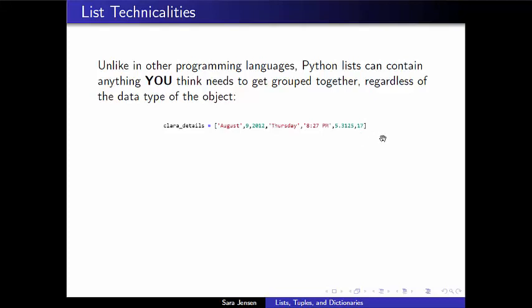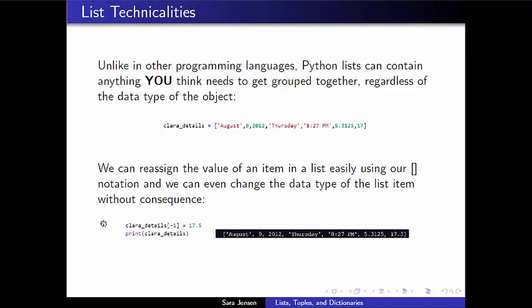but Python is 100% okay with this. Additionally, Python is entirely fine with me reassigning or updating values in the list while also changing their data type. As a quick example we'll work through now, which we'll work through more in future slides, we can reassign values within a list using our accessing notation, and we can change the data type without any problems being caused in Python at all.